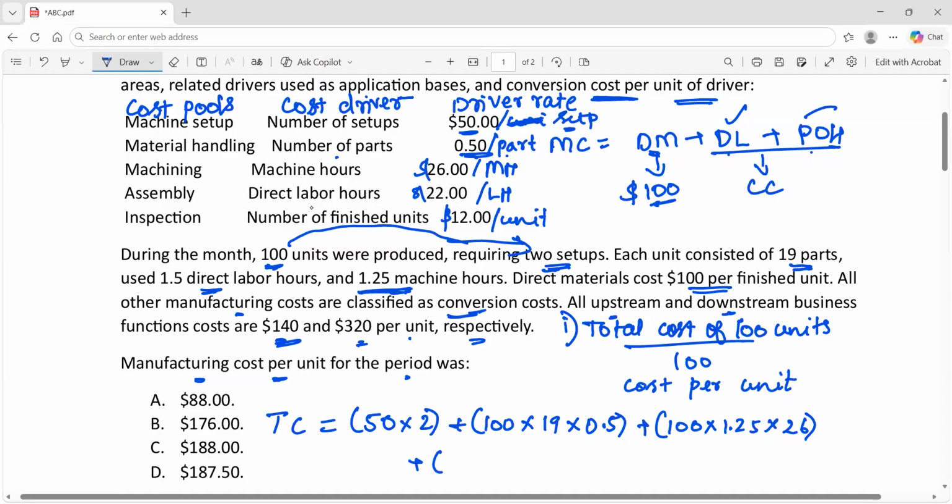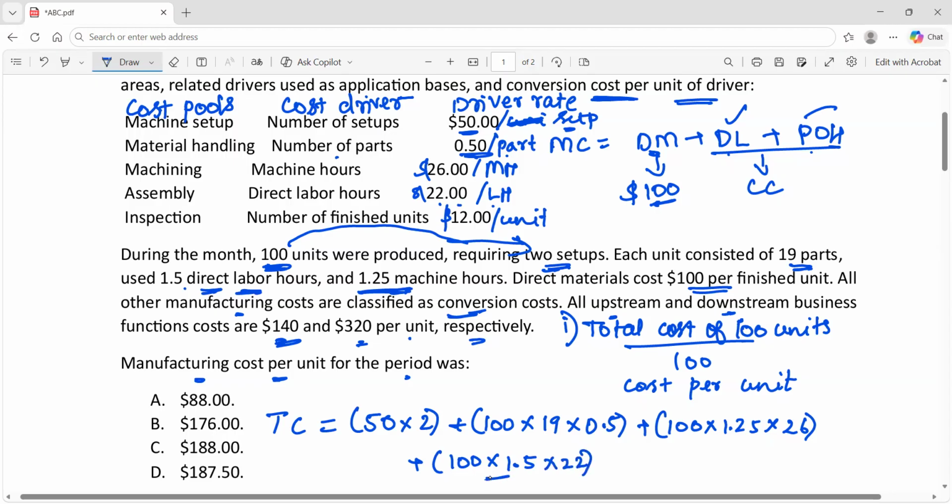Next, the labor cost is $22 per labor hour and our laborers worked 1.5 labor hours for 1 unit. So totally we produced 100 units, and for each unit they worked 1.5 hours. So for 100 units, they worked for 150 hours. And for each hour, we have to pay them $22.